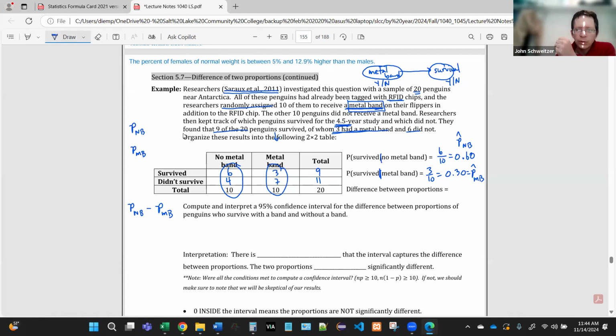But again, we don't know those two numbers, so the best we can do is subtract the two sample proportions. Okay, so that would be 0.6 minus 0.3, which is 0.3. So the difference between those two sample proportions is 30%.